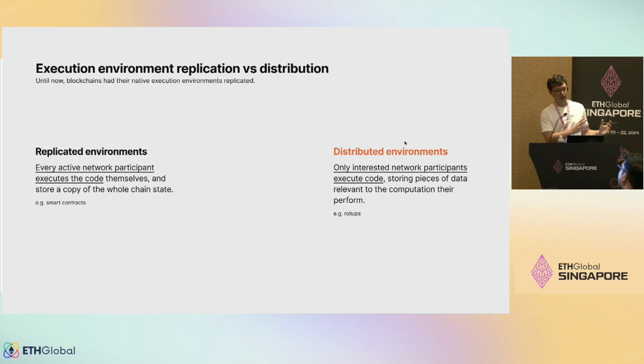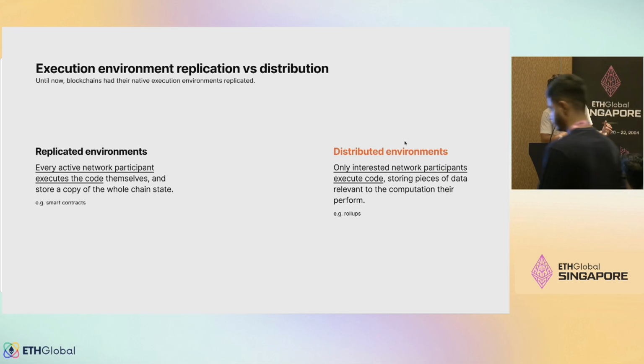As part of that, they have to store a copy of the whole chain state in order to be able to do that verification. Examples of that are smart contracts. Now what Mina is doing is offering a distributed environment where every participant can verify everything that has ever happened on that blockchain just by verifying one constant-size proof.